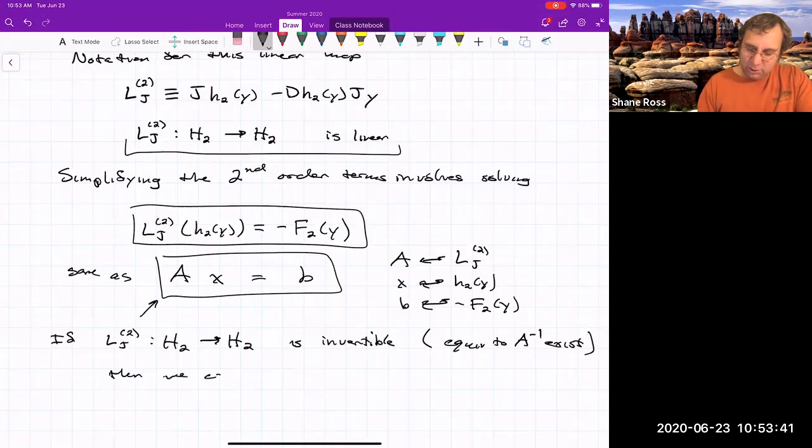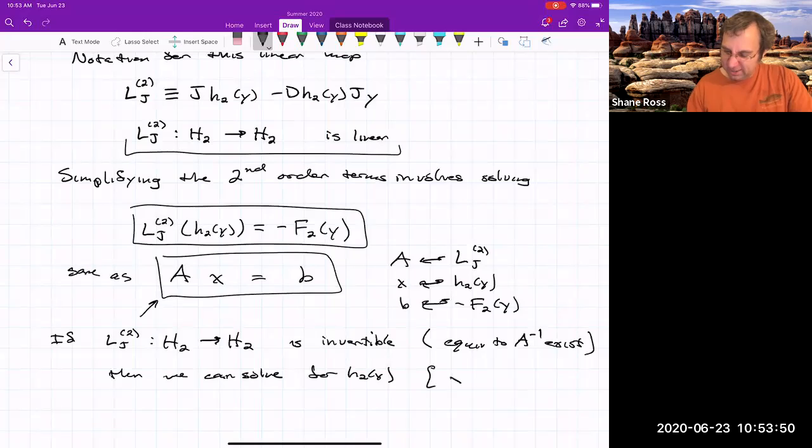Then we can solve for H₂y. It'd be like writing x equals A inverse B, and there's your answer.